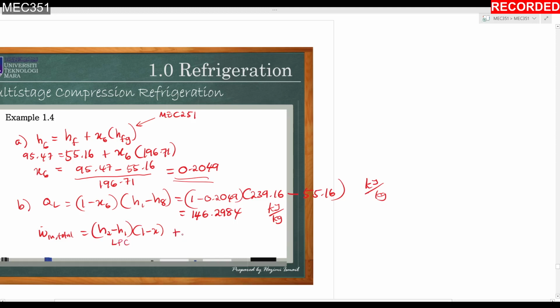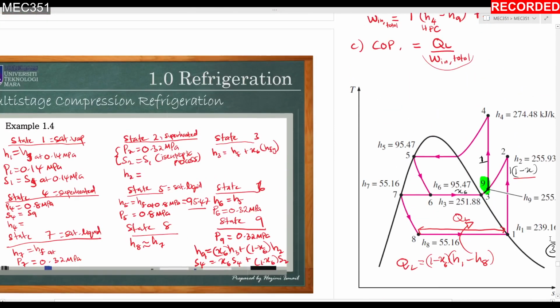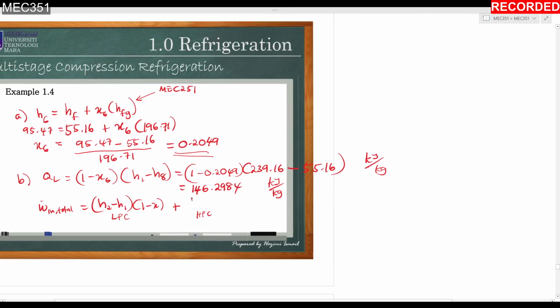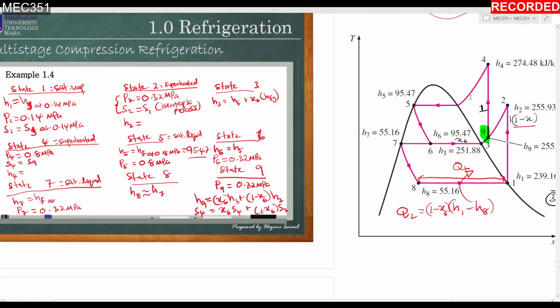Also, you have to add the high pressure compressor. The high pressure compressor is between the state 4 and state 9. So H4 minus H9 times 1. The fraction at the upper stage is 1.